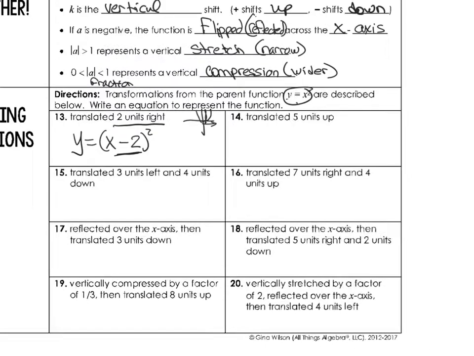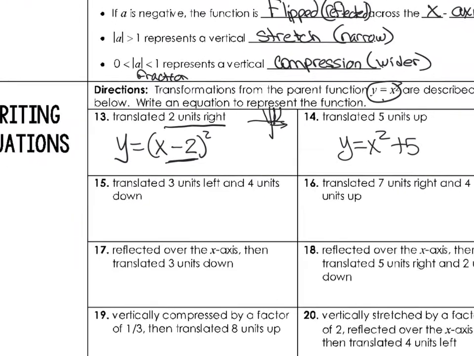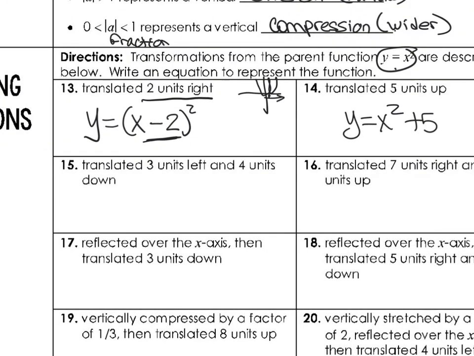All right, this one says we had a parent graph, but we translated 5 units up. So you're just going to write the parent graph and go up 5. All right. This one says it translated 3 units left and 4 units down. So y equals, so in my parentheses, 3 units to the left, that would be going this way is negative, right?